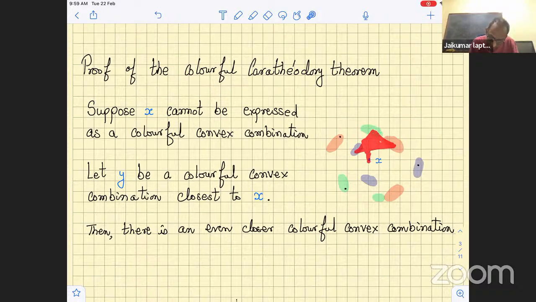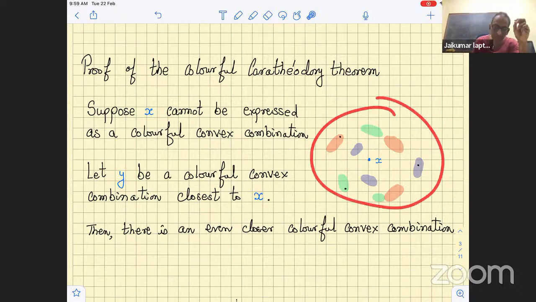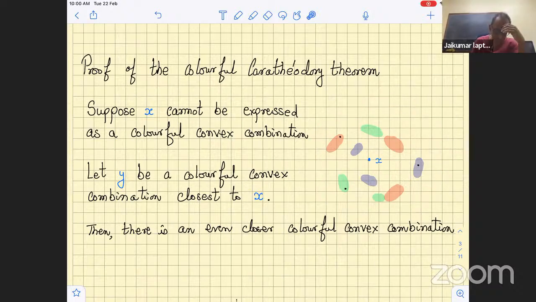Among them, there is a point closest to X. And then there are only finitely many possibilities, and among them you will get the closest. So let us assume that Y is the colorful combination in this system which is closest to X. And we will get a contradiction by showing that there is an even closer point.